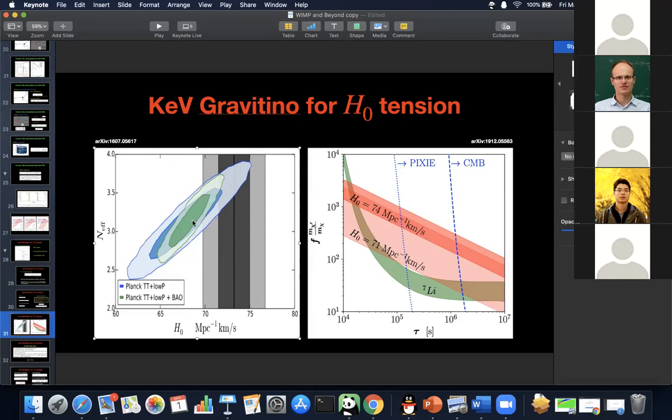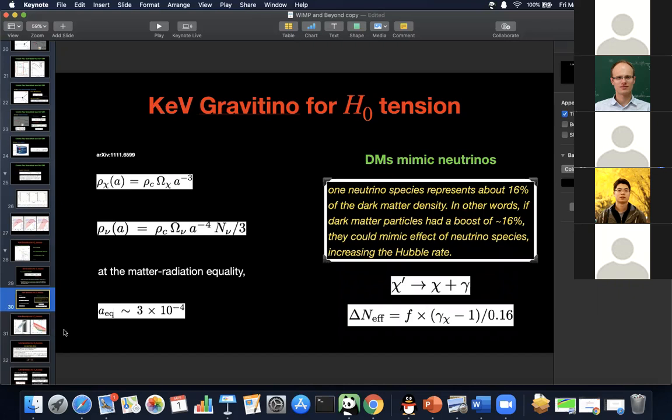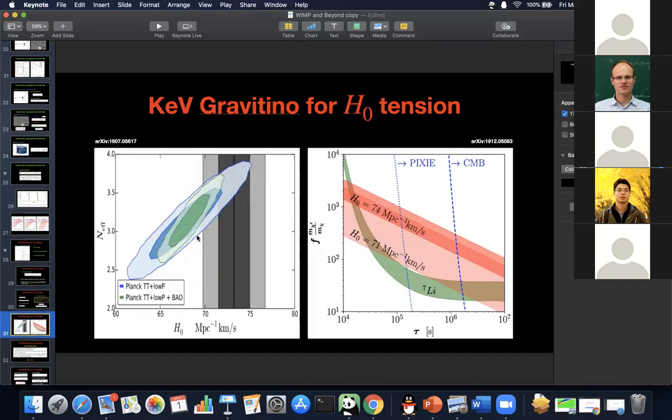With this plot, we can recast their results on f versus the lifetime of the NLSP. With these formulas and this plot, we can recast the constraints on the portion of boosted dark matter versus the lifetime of the NLSP.